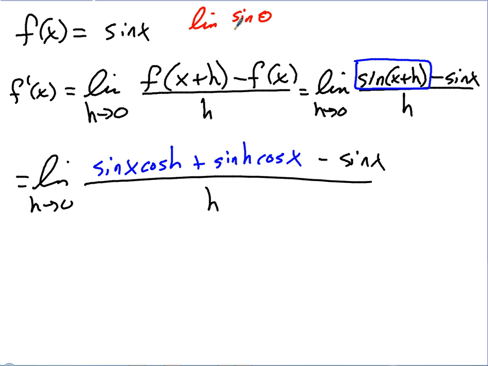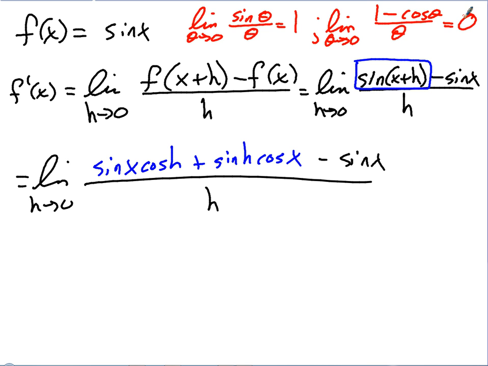The limit of sine theta over theta as theta approaches 0 is 1. And then we also had the limit of, remember the other one? Yeah, good. 1 minus cosine theta over theta as theta approaches 0 was 0. Those are our two special limits that we might want to see if we can somehow dredge out of this.